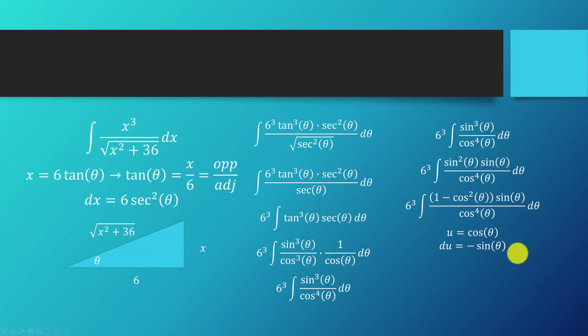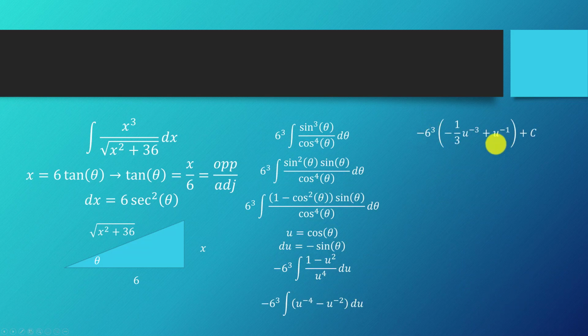I forgot the d theta again. Shame on me. But we can make our substitution, putting a negative out front. And we'll get 1 minus u squared du over u to the 4th. And if we use our exponent rules, it'll be u to the negative 4th minus u to the negative 2nd.